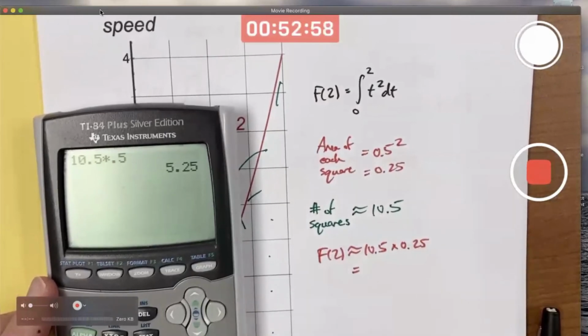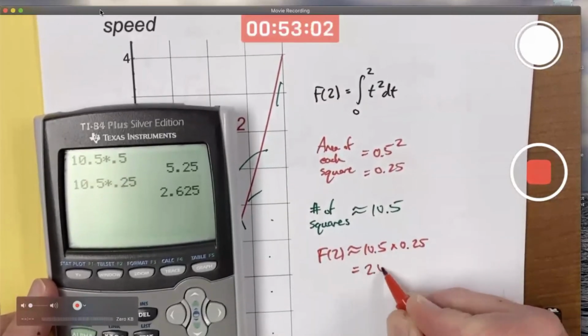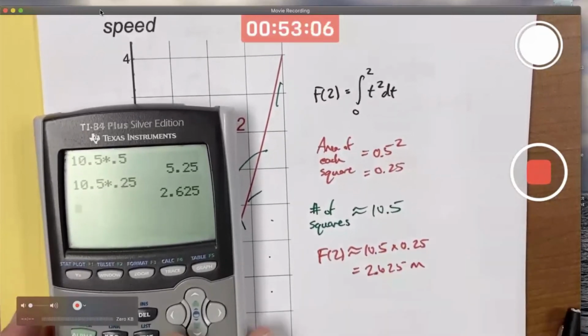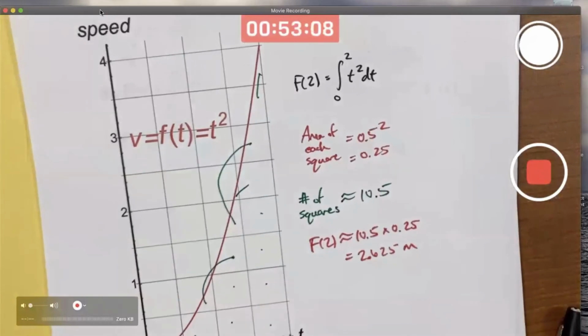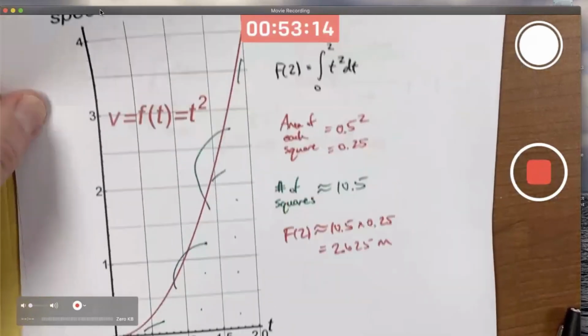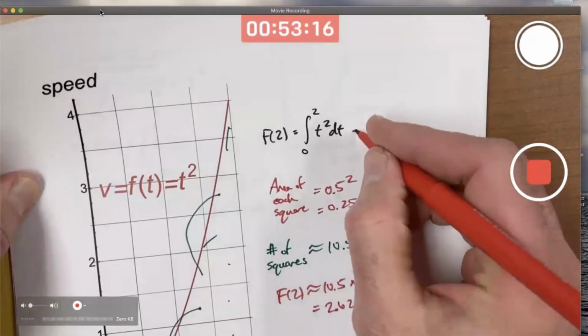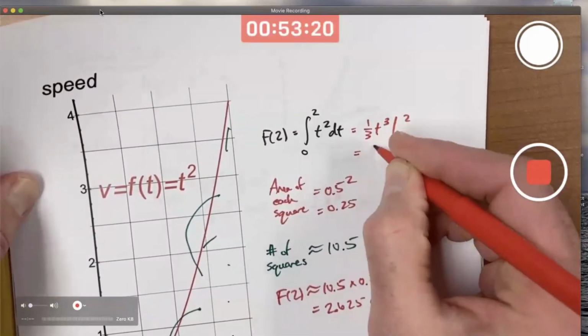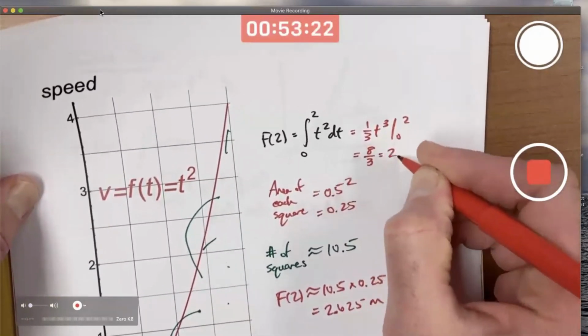Oh, oops, mistake. 2.625 meters as your approximation for the area under the curve and the distance traveled from time 0 to time 2. The actual answer is 8/3, which is 2.6 repeating.